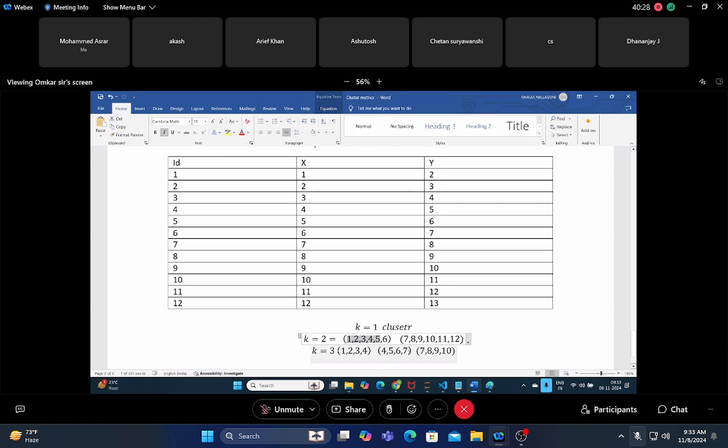Saraswati is doing 4, 5, 6, 7. Sutila is taking 1, 2, 3, 4. 4 is repeating in the second group also, so we'll change this to 5, 6, 7. Who is taking the last group? Online people.